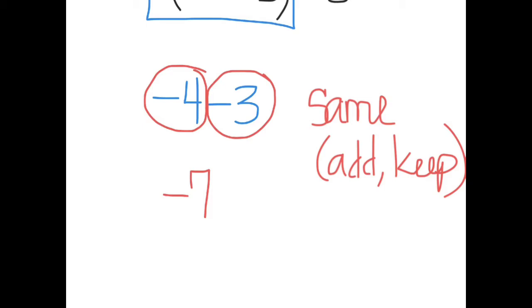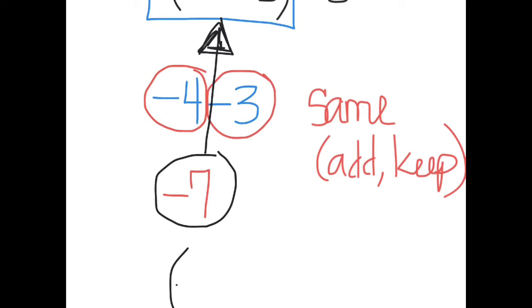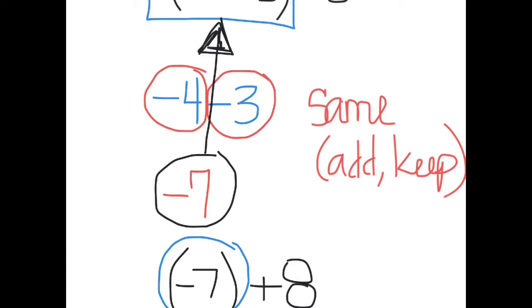So now I'm going to rewrite this problem, and I'm going to take my -7 and substitute that in for the value inside of the parenthesis. So now I have parenthesis -7 plus 8. Okay, so let's circle my two terms, -7, +8. Are the signs the same or are they different?